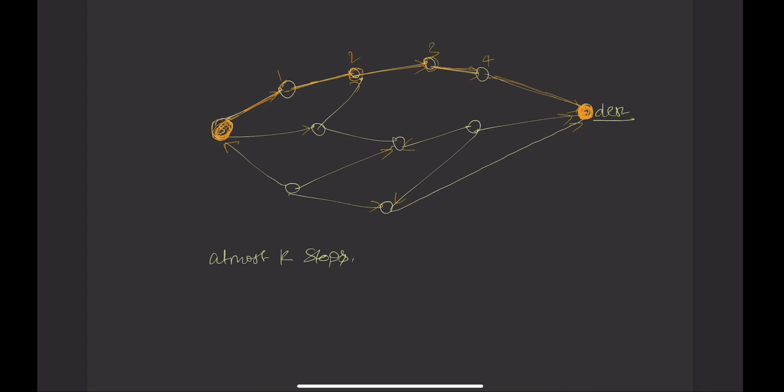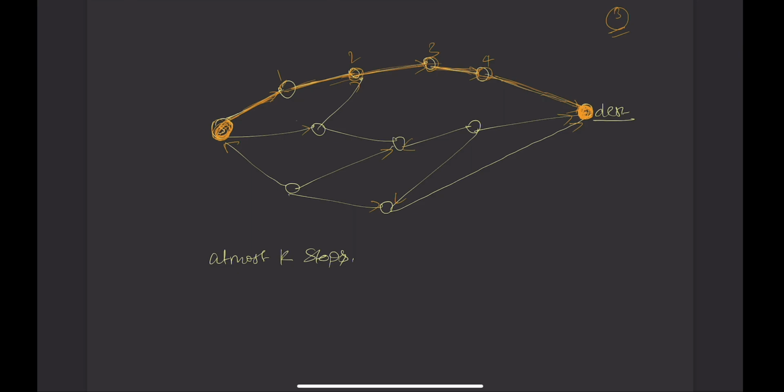Because suppose k is 3, there might be some other path. So this might be cheapest, but since it requires 4 stops, that's why I don't choose it.